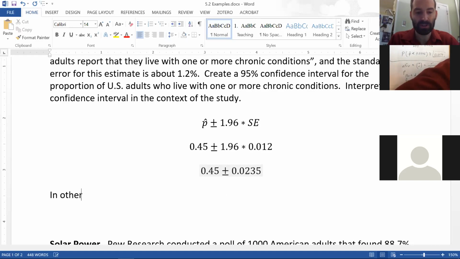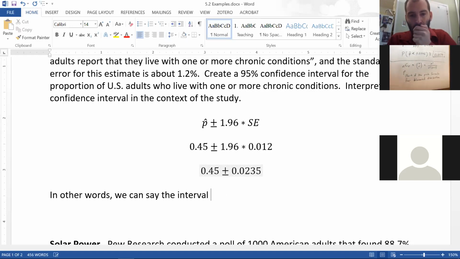So in other words, we can say the interval is 0.45 minus this. 0.45 minus 0.0235, that's 0.4265.